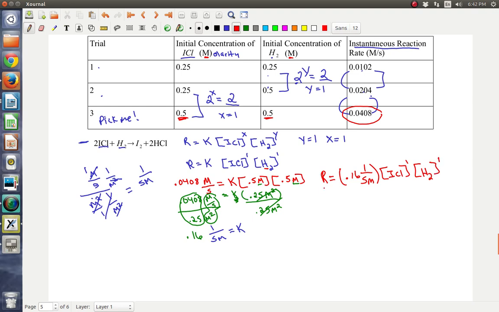Now, I can always calculate the rate at this point. If I change the concentration of ICl, I just put the new concentration in here and I get a new rate. Or if I change the concentration of hydrogen, I put the new concentration in here, multiply it through, and I get a new rate. I will always be able to calculate these rates now, based on whatever concentration of the reactant I put into the reaction vessel.